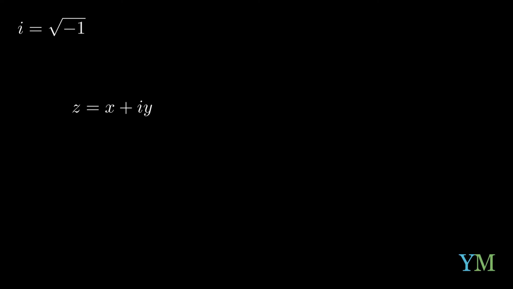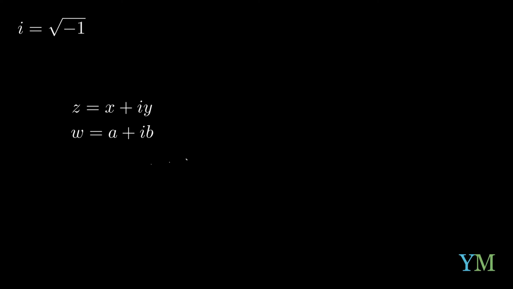In order to understand the numbers a little bit better, let's add another complex number, w. w is going to be a plus ib. Again, a would be the real part of w, while ib is the imaginary part. Now, having two complex numbers, we can define the sum of z and w.